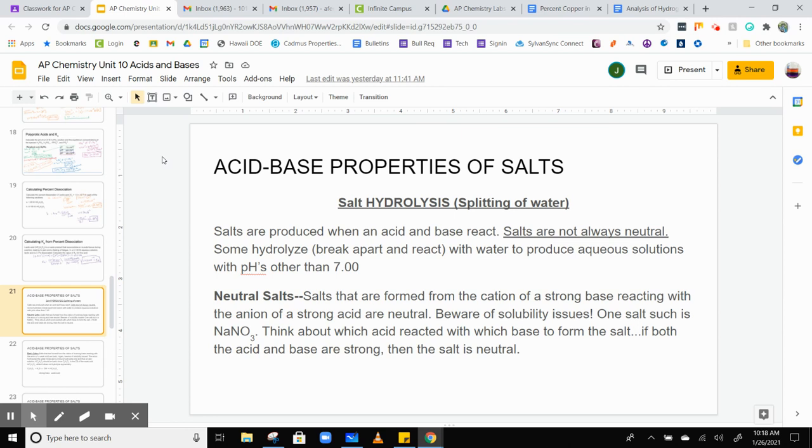Ace is an enzyme, right? If you see ace at the end, it's an enzyme. So different things like that. And here, we have hydrolysis, breaking apart of water.